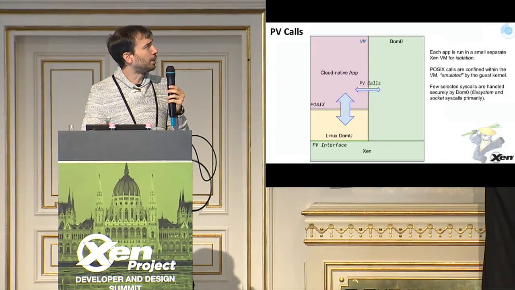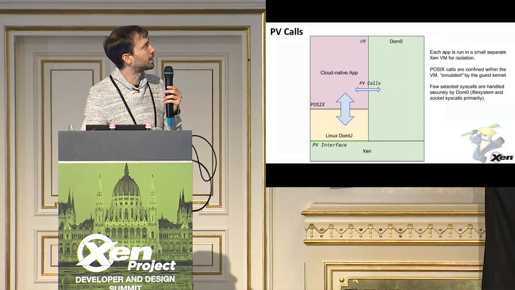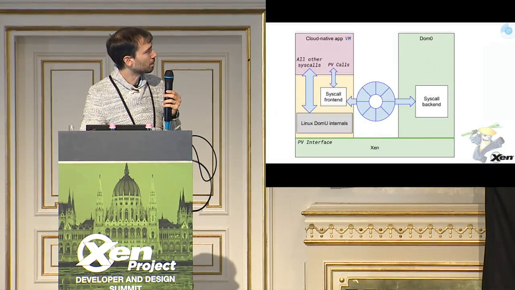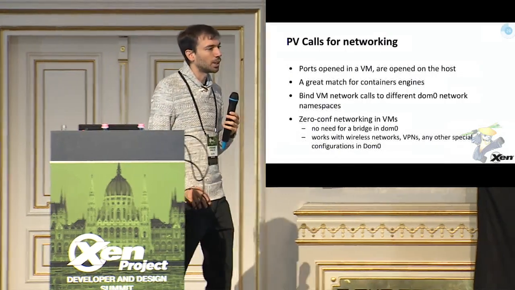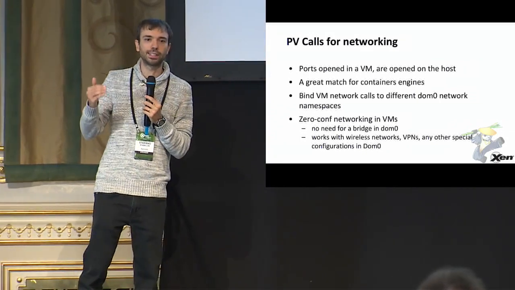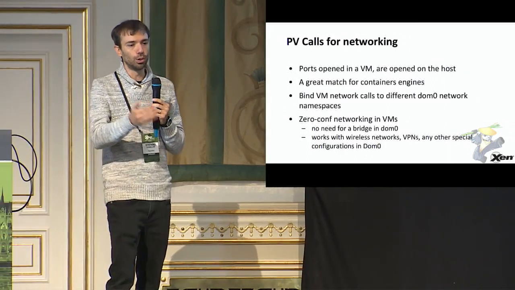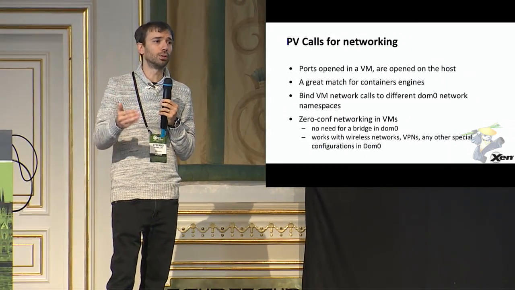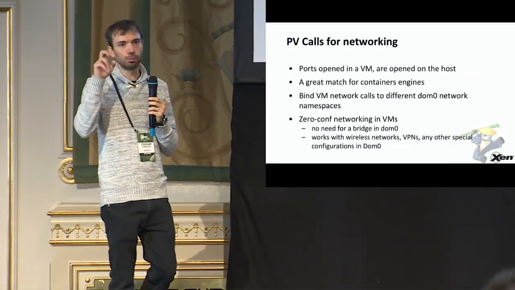Yeah, that's a basic overview of the architecture. A few POSIX calls are sent to Dom0 over a ring. As I said, because these networking calls are forwarded to Dom0 and executed in Dom0, the side effect is that all the ports are opened on Dom0 network interfaces, exactly like in Rocket host mode.